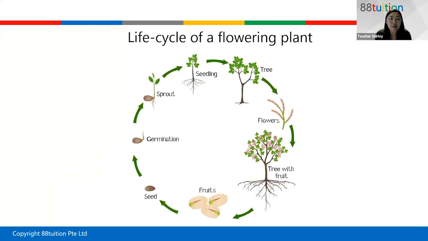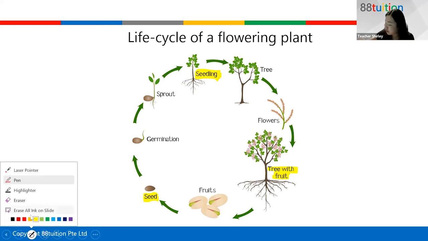Okay, now let's have a look at this. Of course, we are not focusing on every stage. For primary level, you only need to know from seed to seedling and then to adult plant. These three are the main stages.